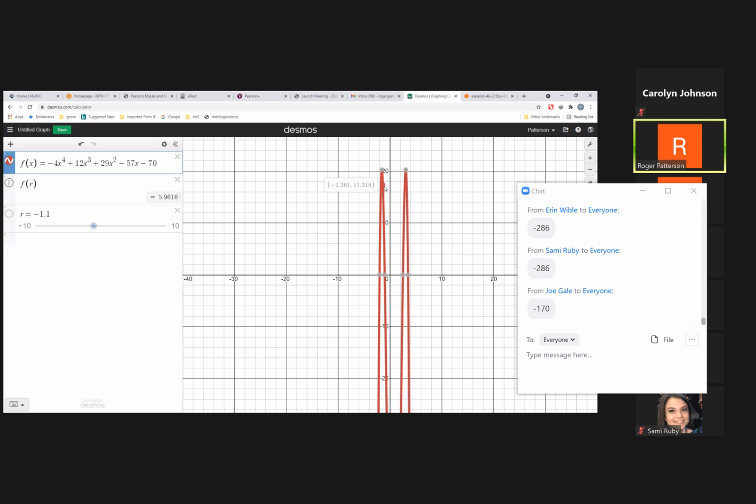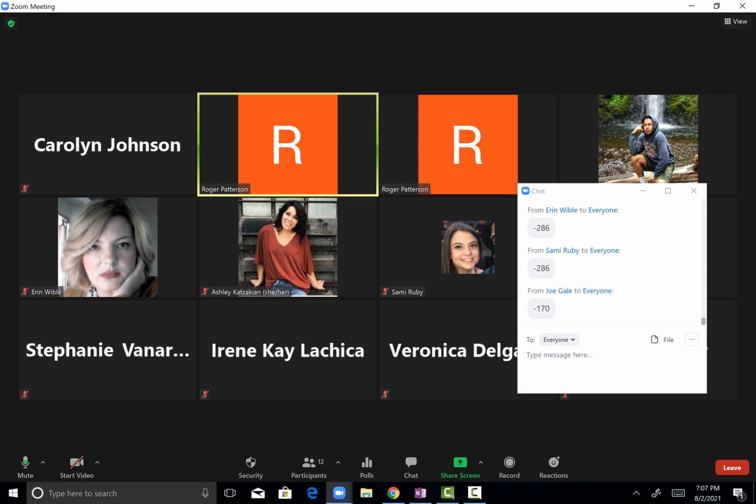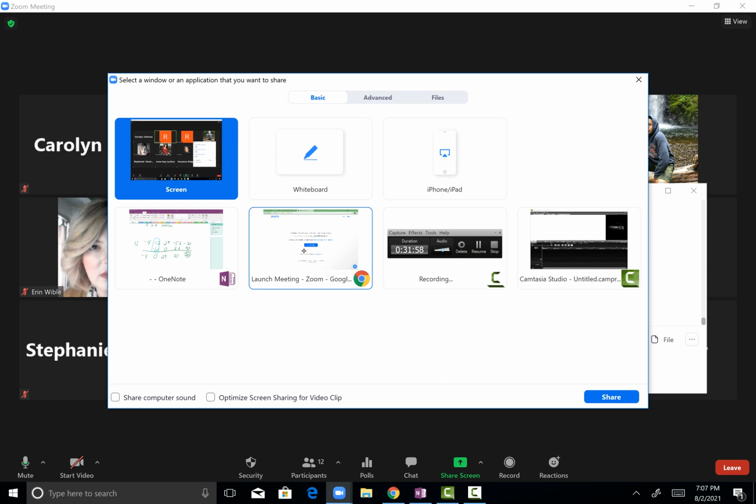Look, it's coming down, and it should be about 5.9. There it is, 5.962, pretty close. So whatever this number is in here is telling you what the function is at that particular value. That's what the remainder theorem tells you.